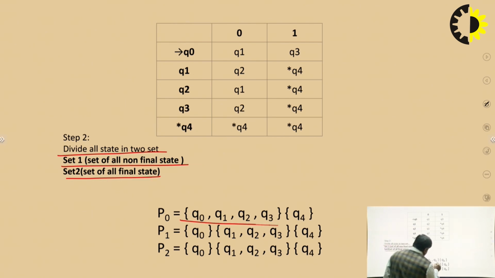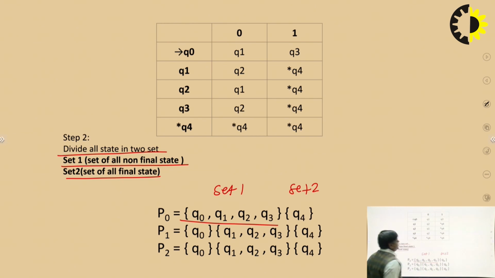Now this one is set 1, that is set 2. Okay, now we check whether these sets can be divided into subsets on the basis of the transition function.